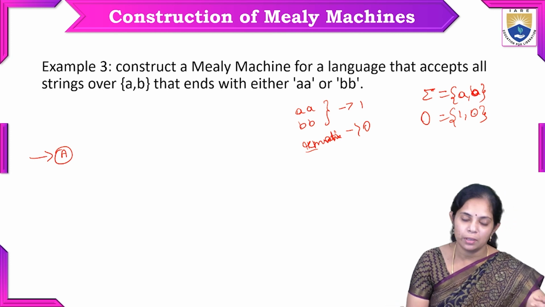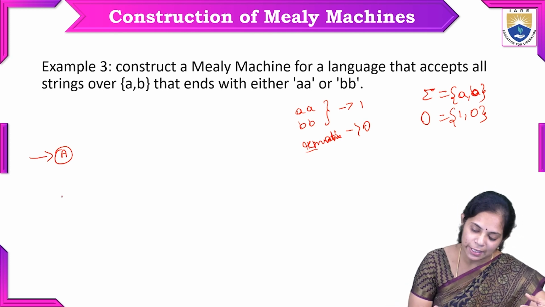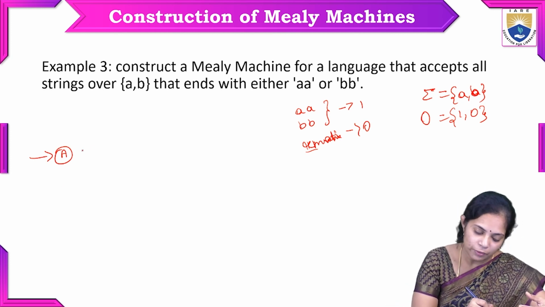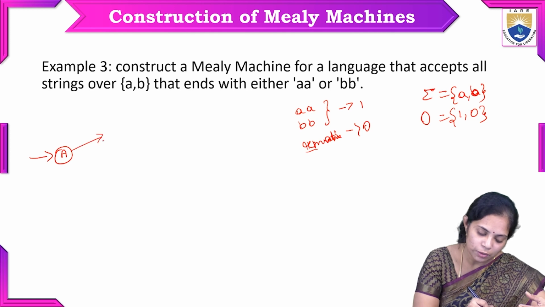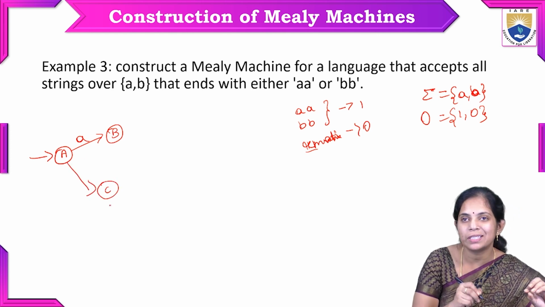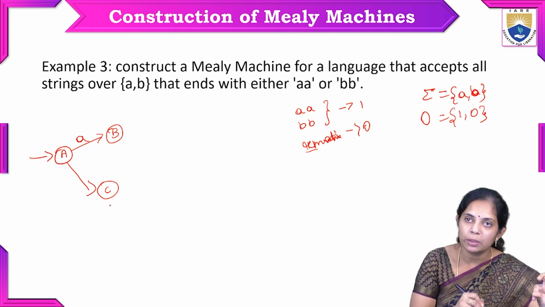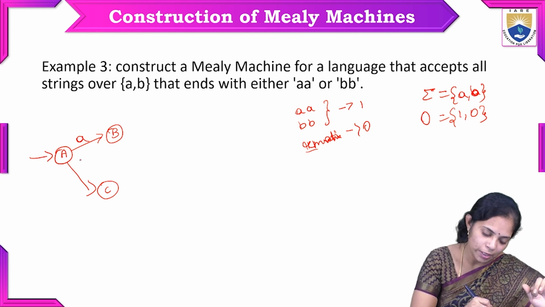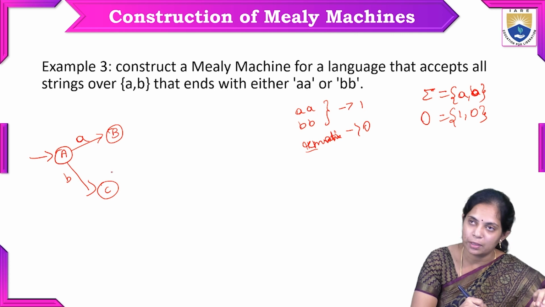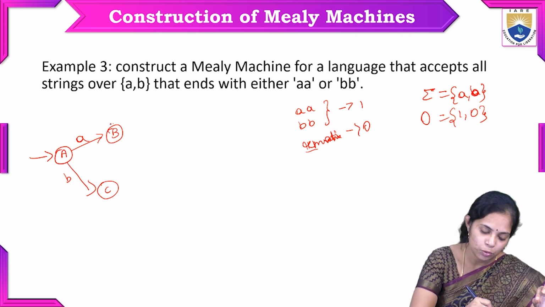So let's start with state A. Here we have to check for the two sequences, aa and bb, so there is an OR. From state A, we have two input symbols, so we take a and we have to take b.